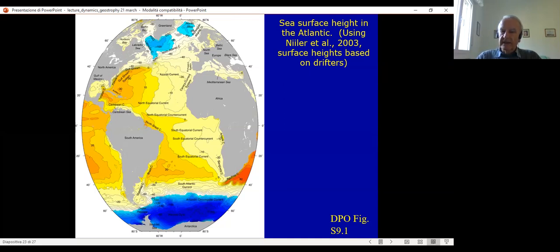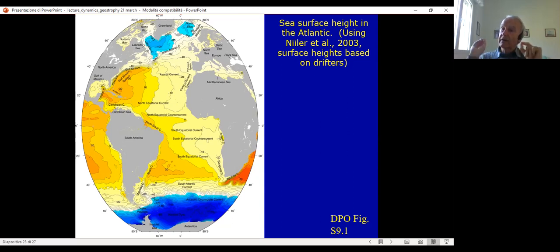For the moment, I will just tell you these are instruments you throw into the sea, and they simply follow the currents, and every hour or every certain period of time, you obtain the position of these drifters. From the differences of position between subsequent times, you estimate the velocity.